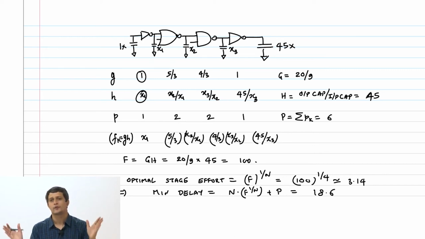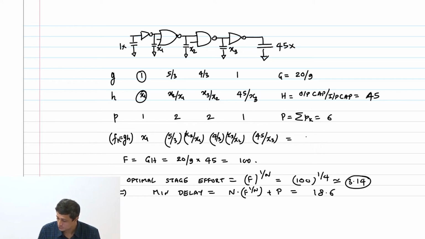Now you can start from either side and start solving for each variable. Each of these Fk's should be equal to that optimal number that we got, each should be equal to 3.14, which implies x1 should be 3.14.